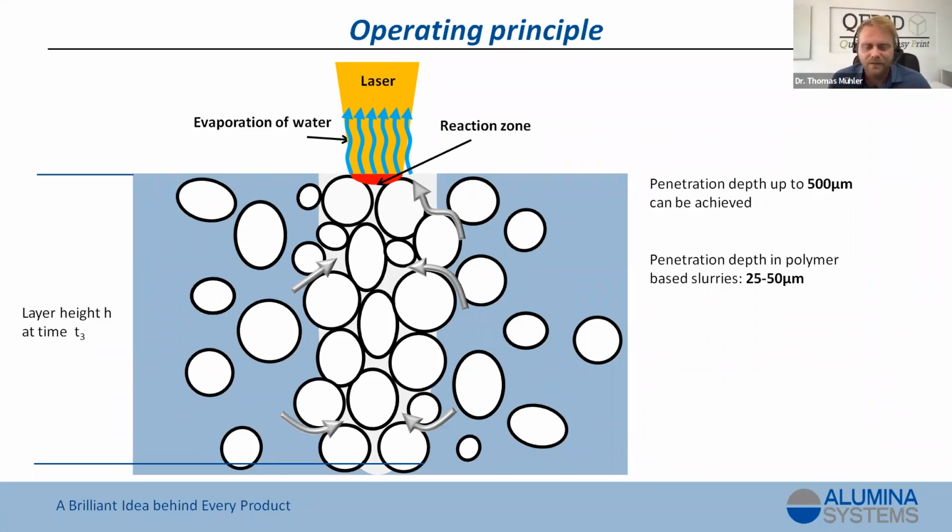But it's also a point of the slurry or the particle size distribution and the particle form and so on, because it has to be stable enough to build up 3 millimeter wall thicknesses. Maybe in the future it goes lower, but it was not the point of this process to achieve really thin wall thicknesses. We want to achieve thick wall thicknesses, and everything else can be post-processed by green machining.